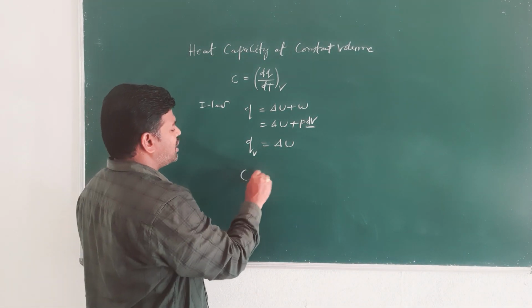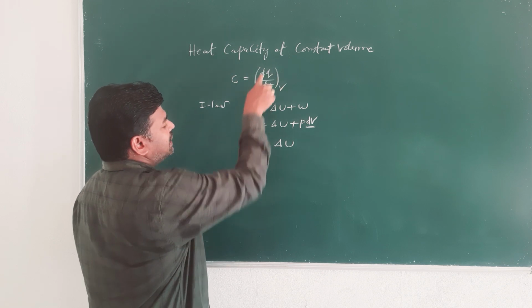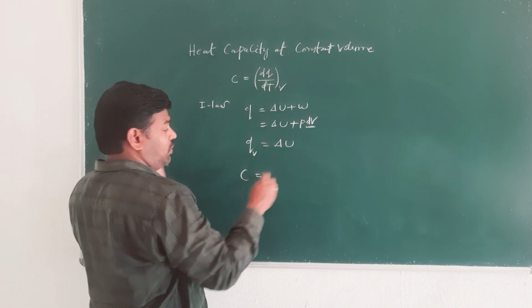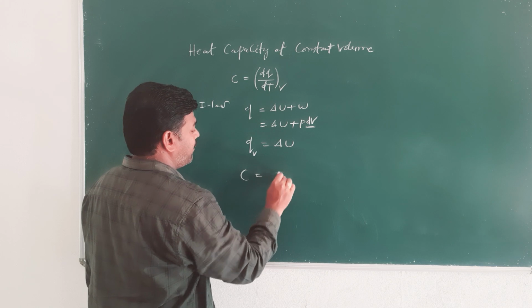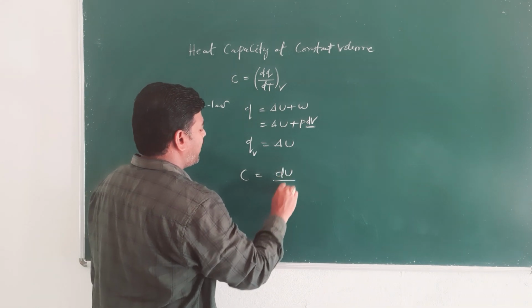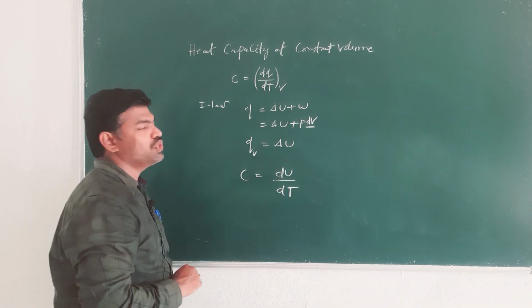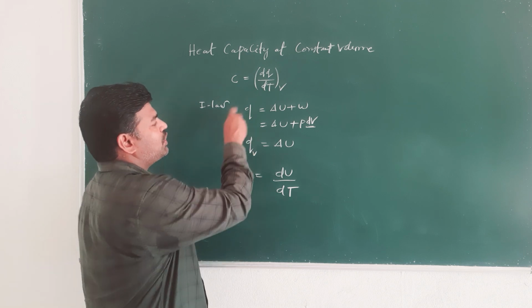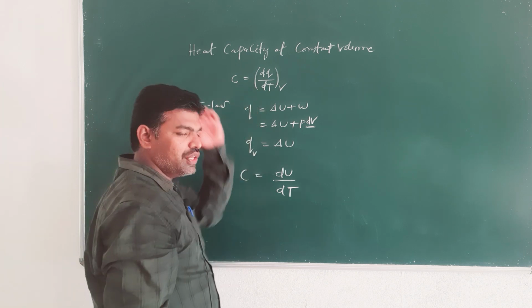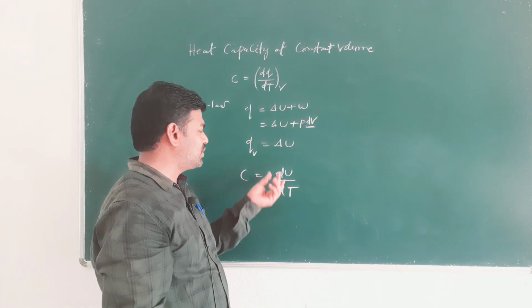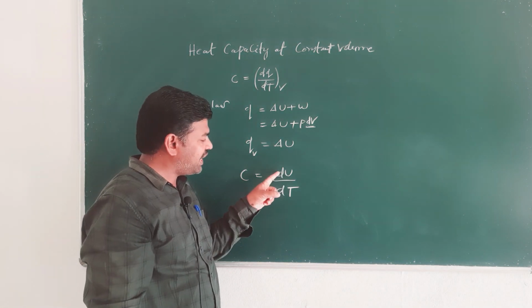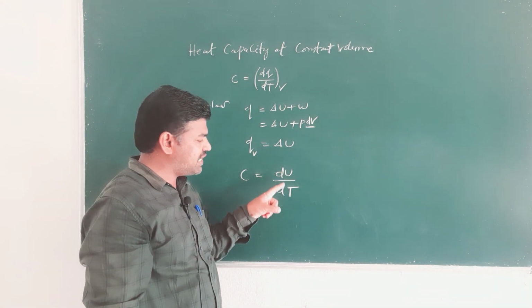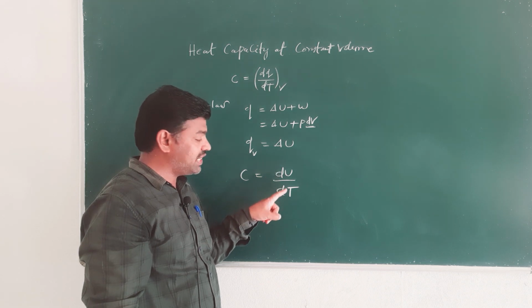So therefore C at constant volume is equal to dU by dT. This is the rate of change of internal energy of the system with temperature.